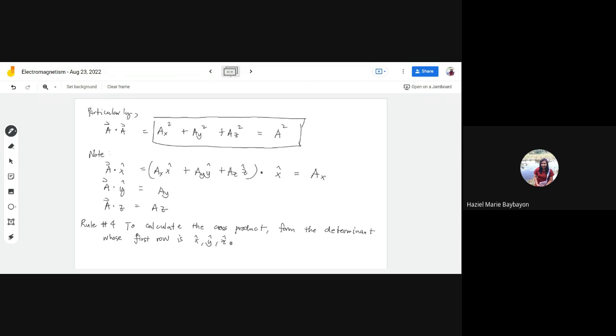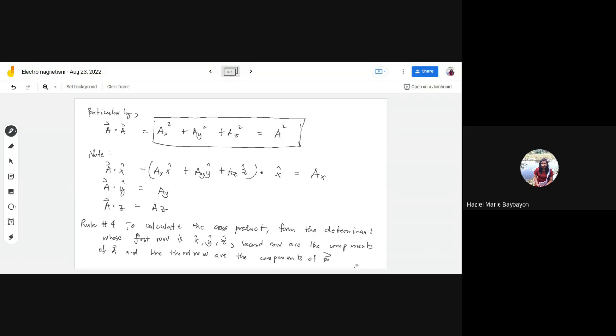And then the second row are the components of A. Kabalo naman siguro kamo ana. Components of A. And the third row are the components of vector B.